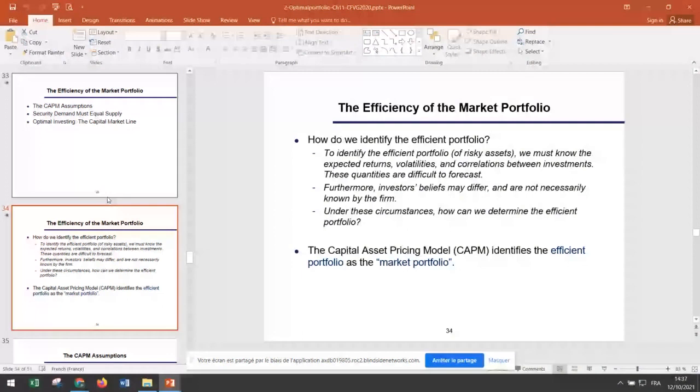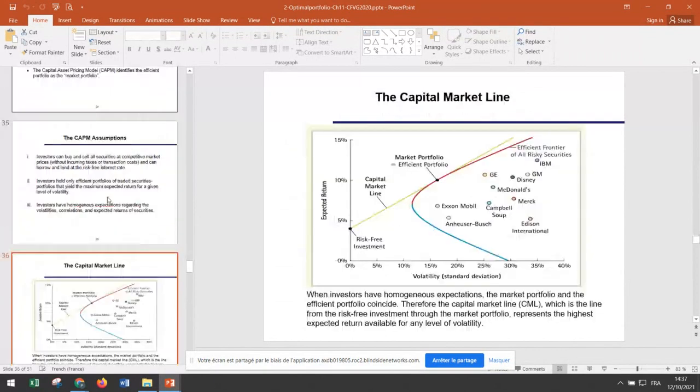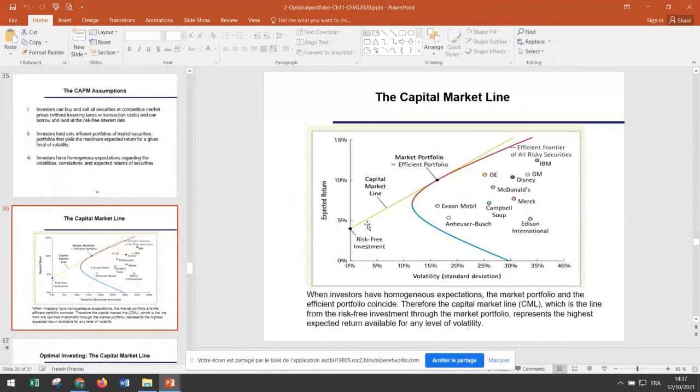So you assume that the market portfolio, such as the S&P 500, represents an efficient portfolio, and this allows the line, which we call the capital market line, to touch the efficient portfolio, which is referred to as the market portfolio.